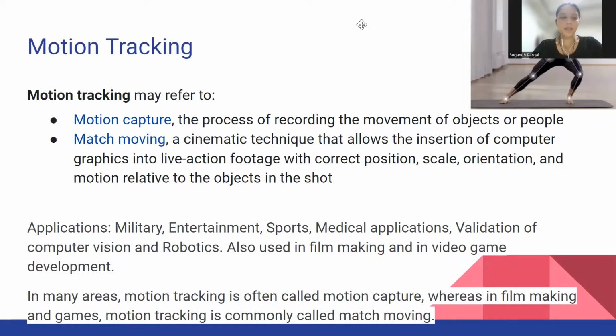Also, motion tracking has been widely used in filmmaking and in video game development for making the robots move according to the movement, according to the button pressing or the keyboard pressing. In many areas, motion tracking is often called motion capture, whereas in filmmaking and games, it is commonly called match moving.